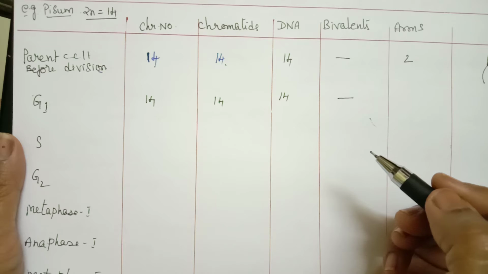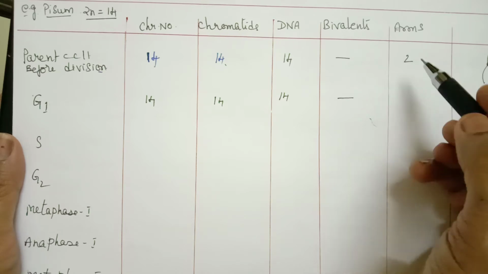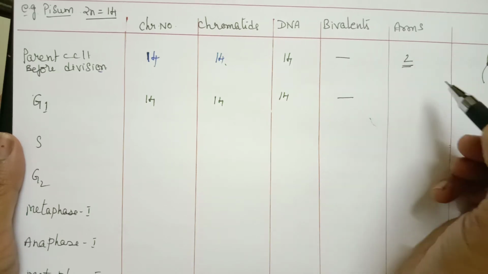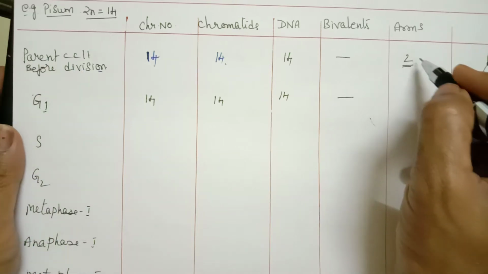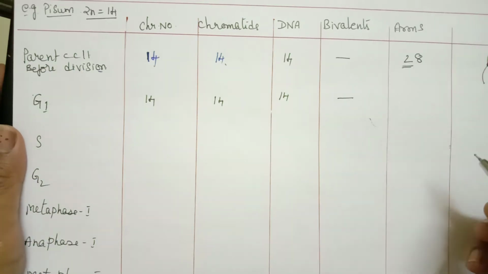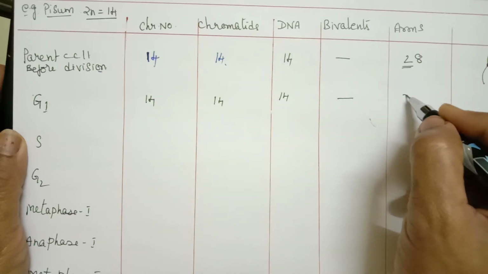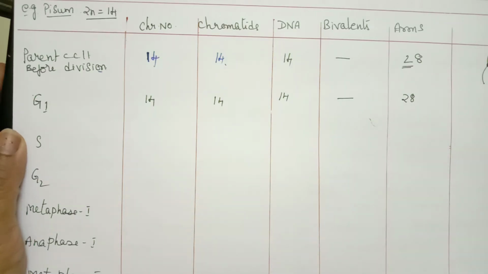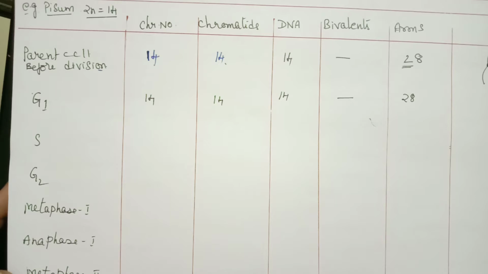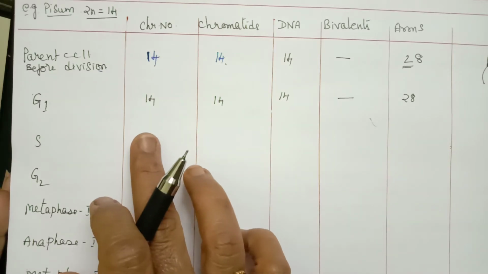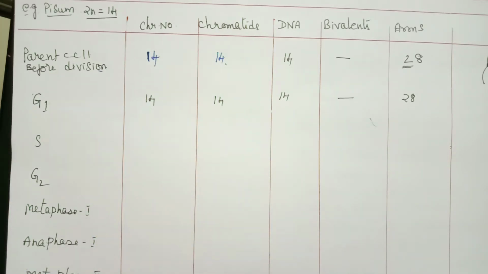There are no bivalents present. So here 2 arms I told you for one chromosome. So there are 14, so here you can write 28 arms. Similarly here also you can write 28 arms. 2 I have given for one chromosome. So we are writing the chromosome number as 14.